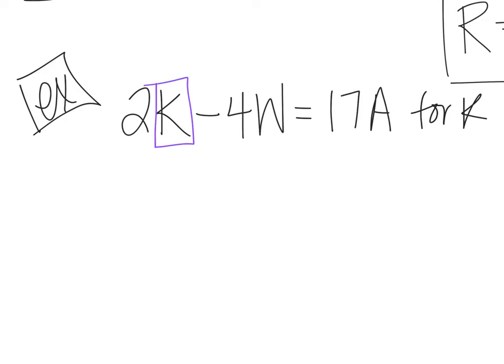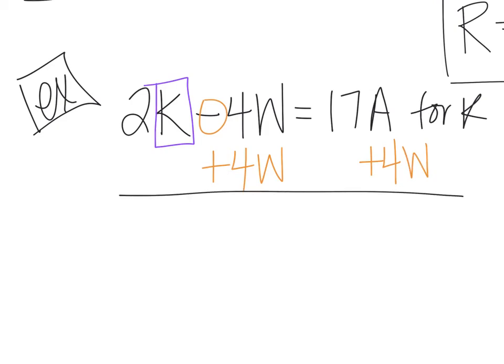So, step 1, just like before, we're going to add or subtract to move everything else. So, we're going to kick it out. Anything that is not with a k, we are going to kick it out. So, I'm going to add 4w because the opposite of subtraction is addition, which means I have to add 4w to this side.